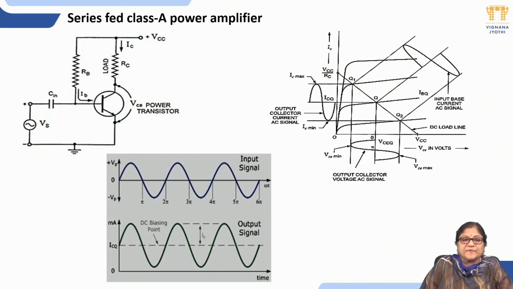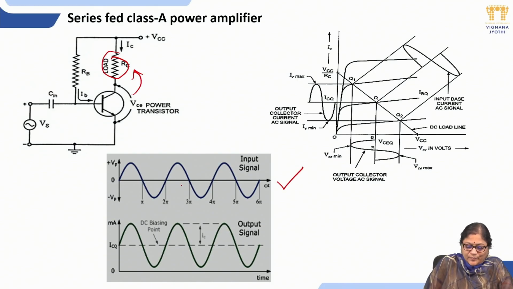So there are 2 types of class A power amplifiers. One is series fed, in which the load is connected directly in series with the transistor. That is the first class. The second one is, instead of directly connecting the load, it is connected through a transformer. If you look at the input and output waveforms, the input and output resemble each other, and I'll explain the operation.